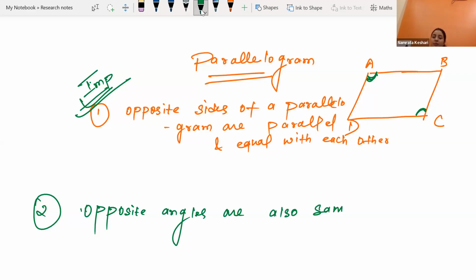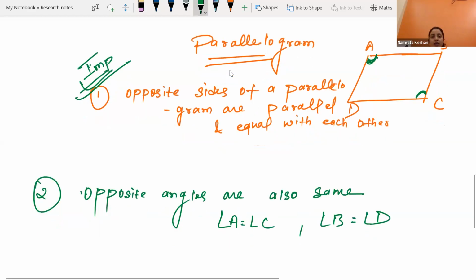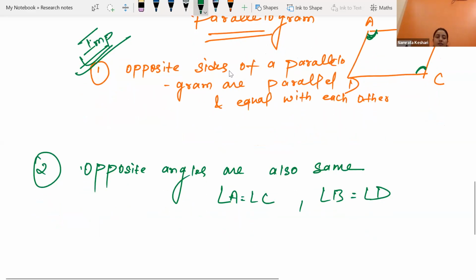That means, for your clarity, angle A and angle C are the same, and angle B is equal to angle D. Let's proceed. Now the next property: we have realized that angle A plus angle D, angle B plus angle C, the sum of any two consecutive angles, is 180 degrees by the property of parallel lines.